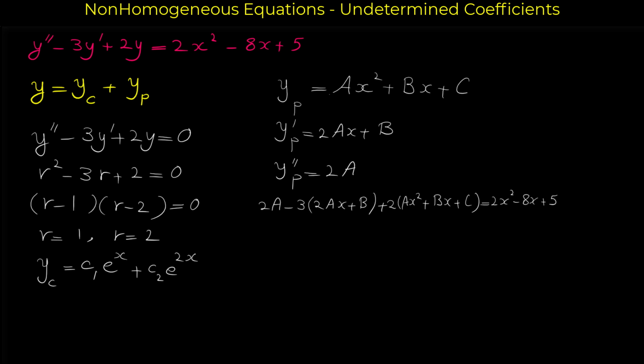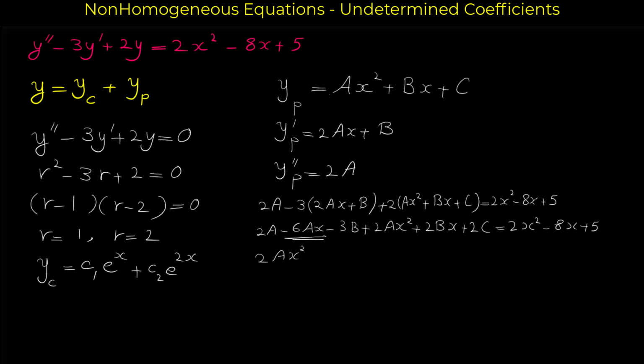Before doing anything else, let's multiply the 3 in the bracket, the 2 in this bracket, and simplify the left side of this equation. So we have 2a minus 6ax minus 3b plus 2ax squared plus 2bx plus 2c. It should equal 2x squared minus 8x plus 5. Note that we have only this term with degree 2, so we have 2ax squared.